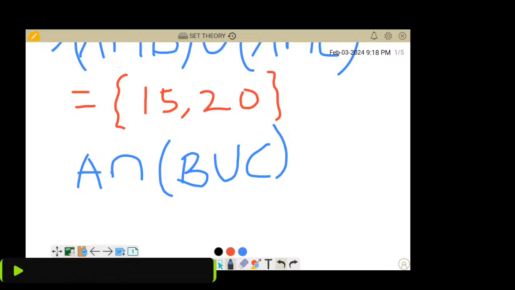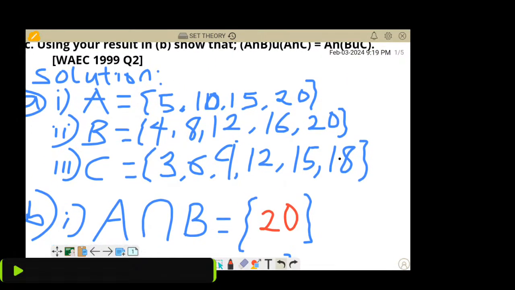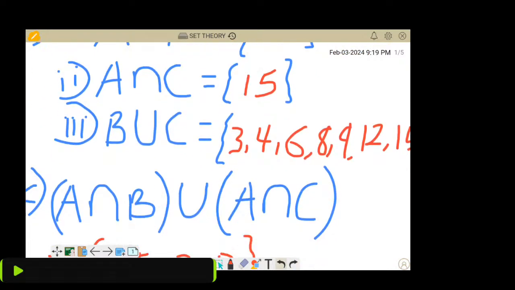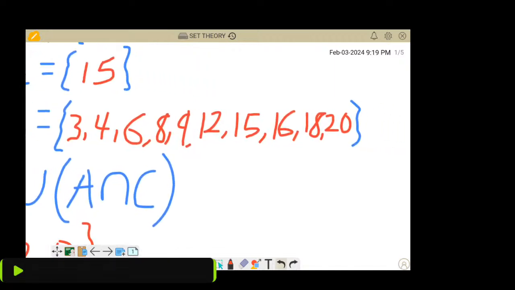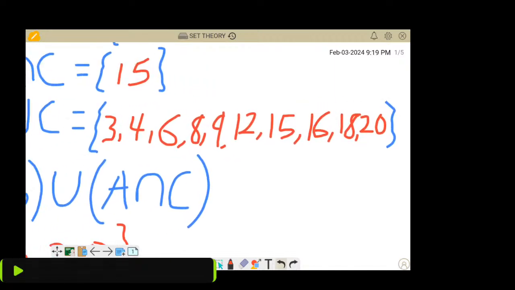This one simply means what element of A is having in common with all the elements of B union C. Let's go back to B union C and A. The elements of A are right here: 5, 10, 15, and 20. And what about B union C? They are right here. We have them as 3, 4, 6, 8, 9, 12, 15, 16, 18, and 20.